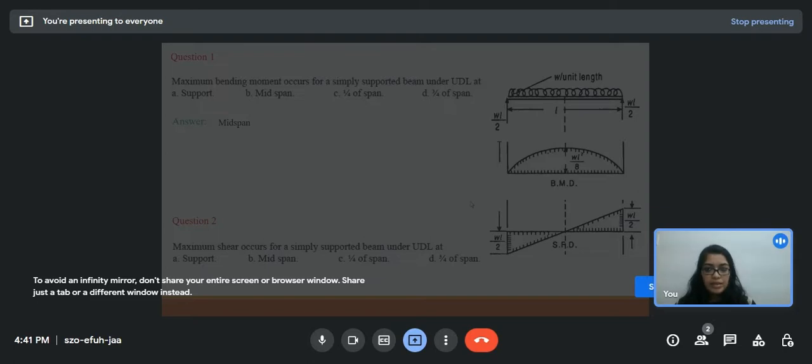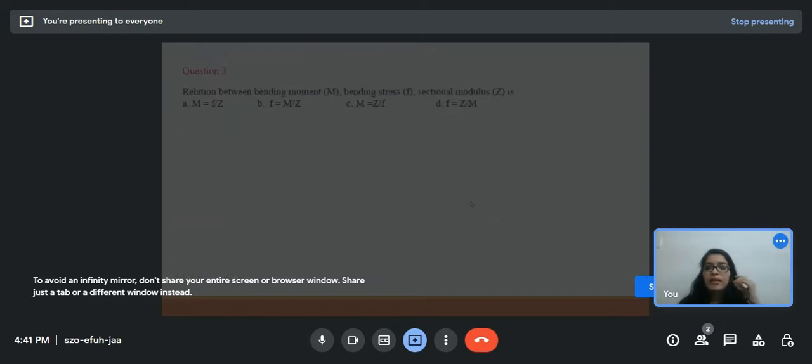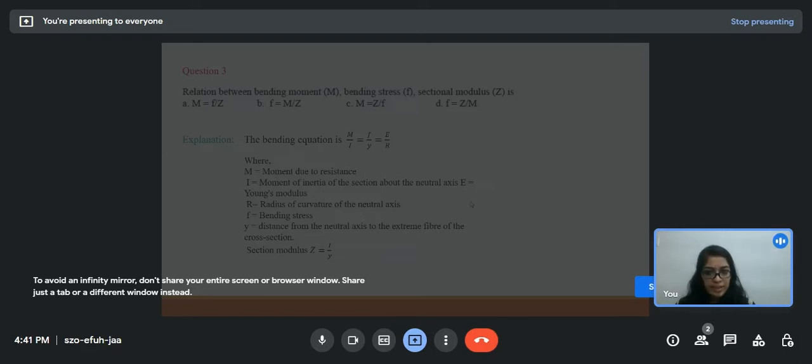We'll move to the next question. Question number 3: a relation between bending moment M, bending stress f, and section modulus Z. So this is a very famous bending equation, which is M by I is equal to f by y is equal to E by R, where M is moment of resistance, I is the moment of inertia of the section about the neutral axis, E is Young's modulus, R is the radius of curvature of the neutral axis, f is the bending stress, and y is the distance from the neutral axis to the extreme fiber of the cross section.